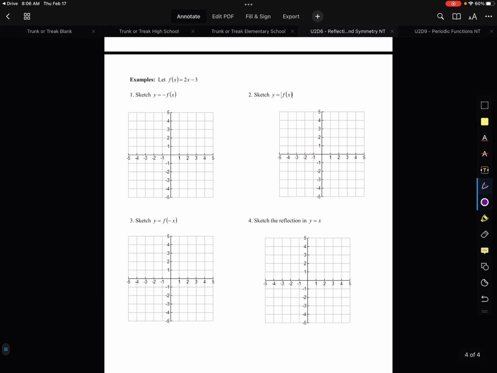All right, so again, some practice here. If I graph my original on all four of these, so I got negative 3 up to down to. So here's my original. Place it on all of these.